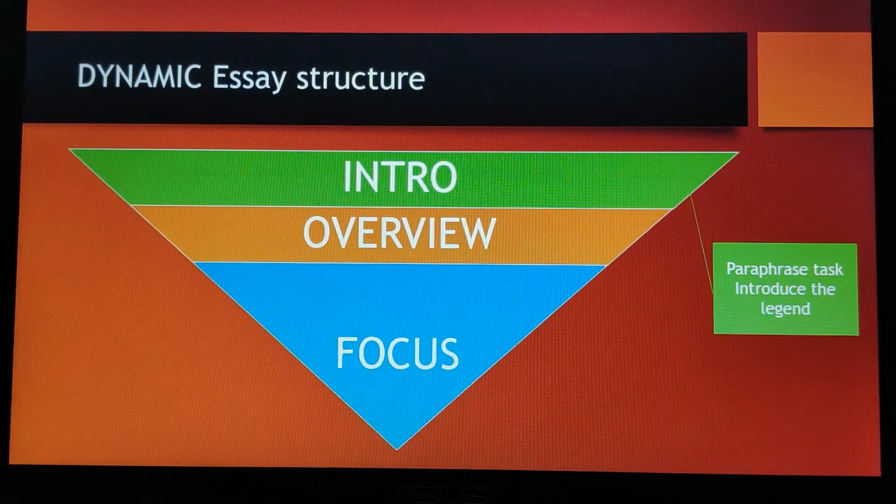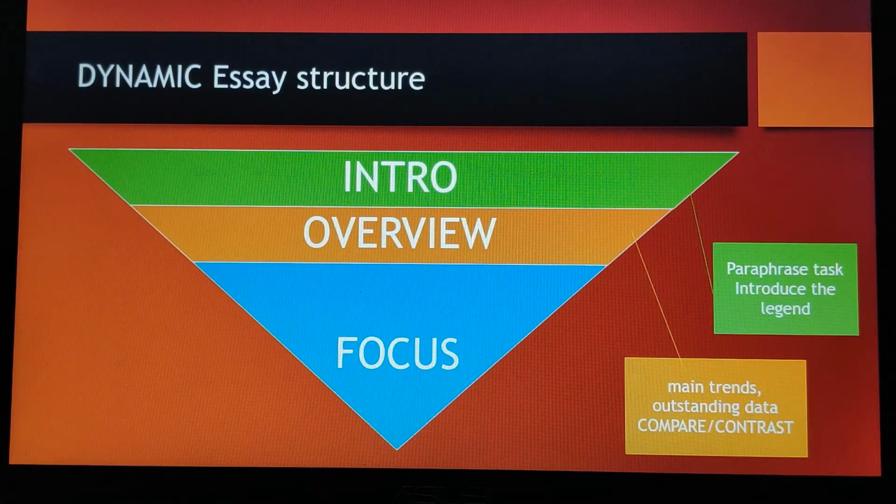Overview. It's like when you look at the chart from a far distance, you can't see the exact numbers, you can't see the details, but you see the general picture. I mean, where does it start and where does it end? You look at main trends and at outstanding data.